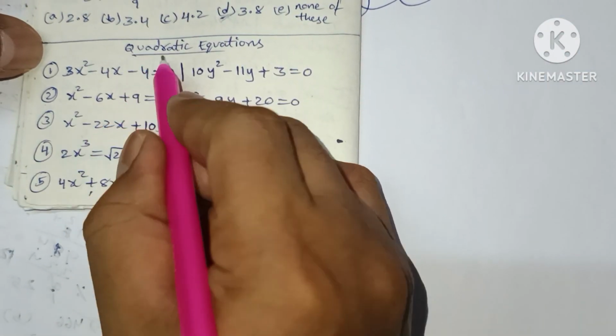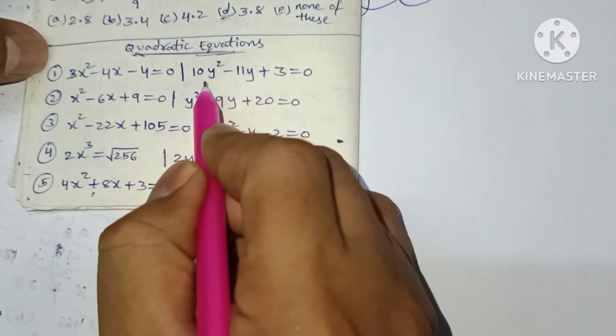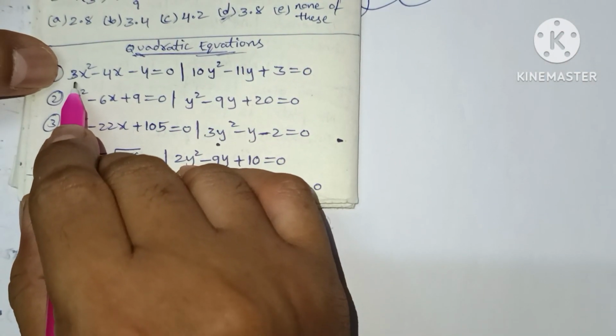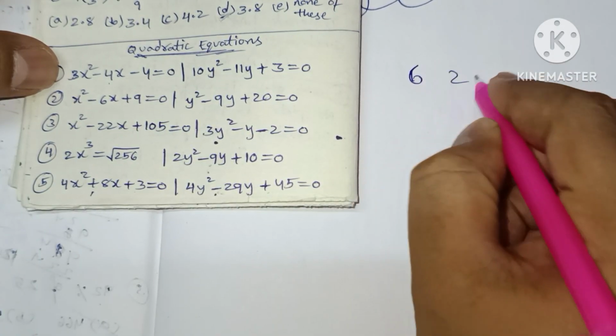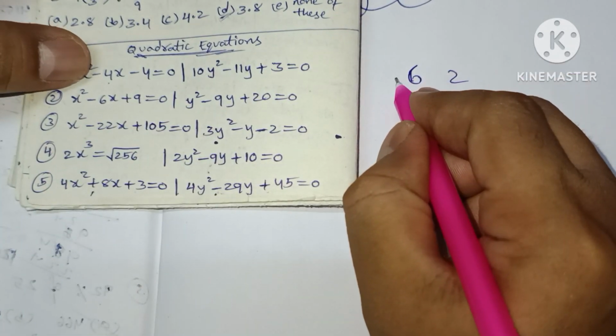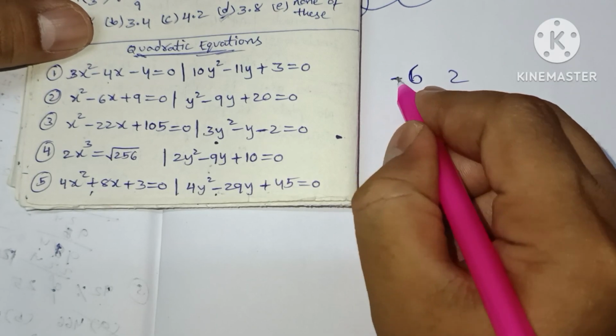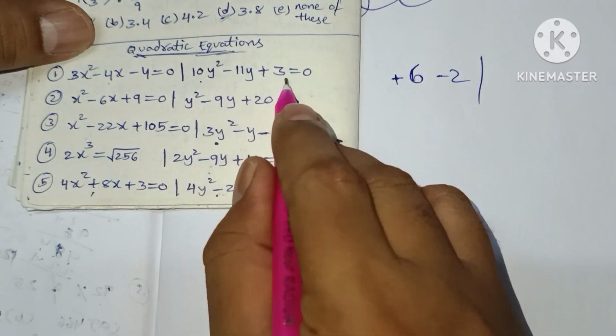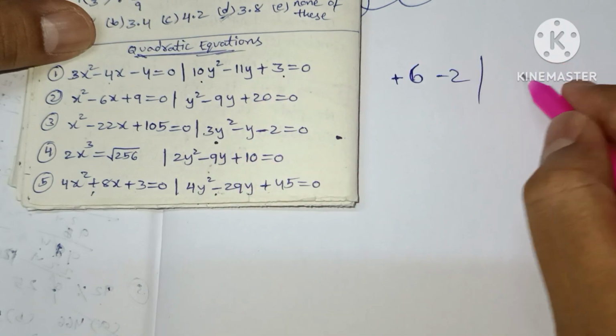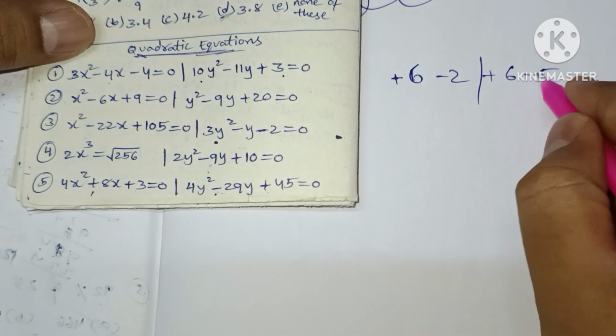Now we are going to see quadratic equations. First question, 3 4 times is 12, 6 2 times we get 4, and the roots are in positive and negative. Second one, 10 3 times is 30, 30 means 6 5 times and the roots are in positive.